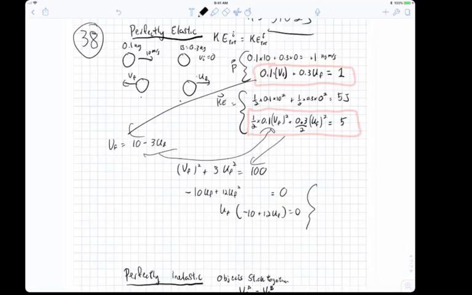So there's two solutions to it. UF is equal to 0, which corresponds to the initial setup, and UF is equal to 10 over 12. 0.833 meters per second, which corresponds to VF, minus 7.5.